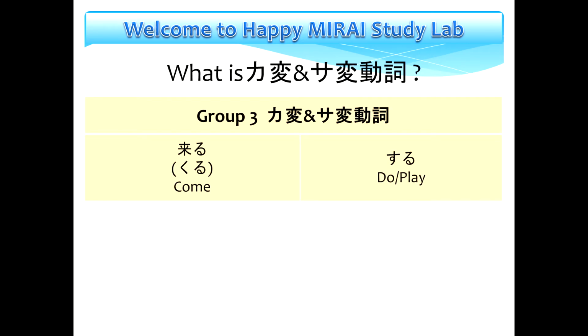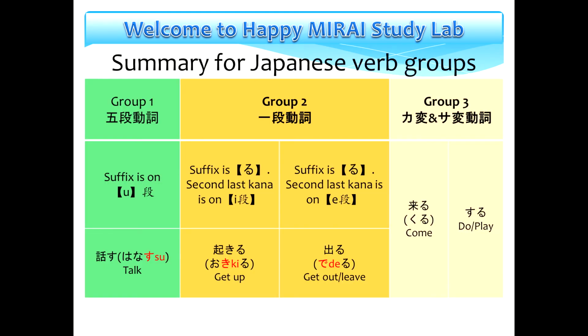And one last thing, the summary, to make it easier for you. Over here, the Japanese verb groups. When people ask you how many groups there are, it could be 3, 4, or 5, depending on what kind of textbook you are referring to. All are correct. Okay, so a very quick run through. Group 1, which is the godan doshi, the suffix is in the u-dan, hanasu, talk.